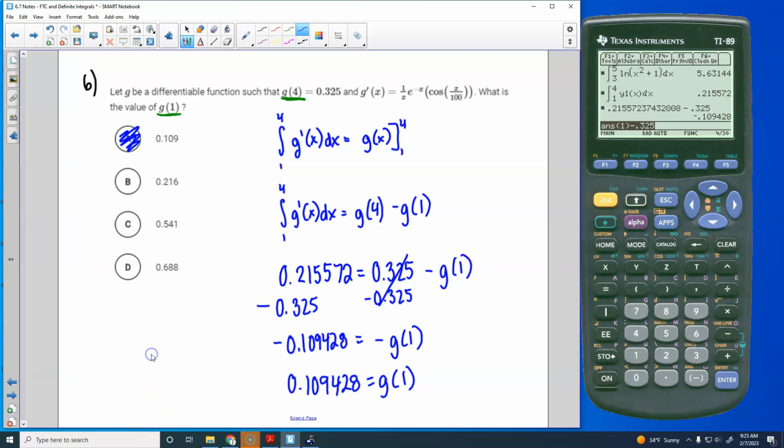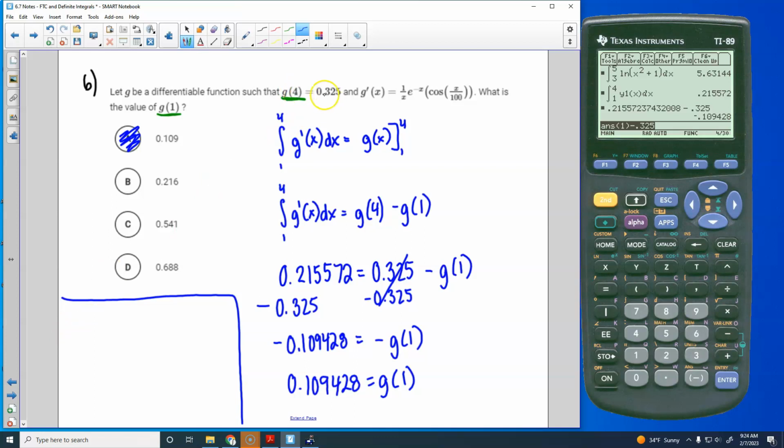I do want you to think about this in a different way. I want you to think about this a little differently, kind of like we did the other, okay? So, another way to think about this is the starting point they have given me is g of 4, right?